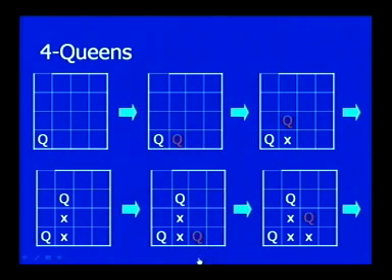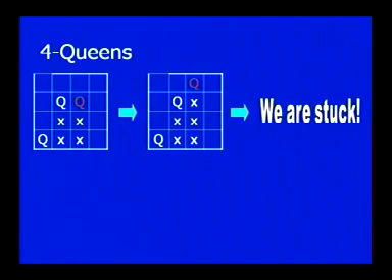So I backtrack and I change the position of this queen to some other position. Since we are stuck, we go back, change this to some other position, and then again I have to consider all other possibilities. This sort of thing is what we call backtracking.